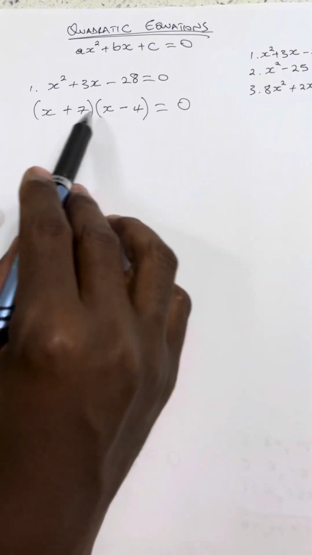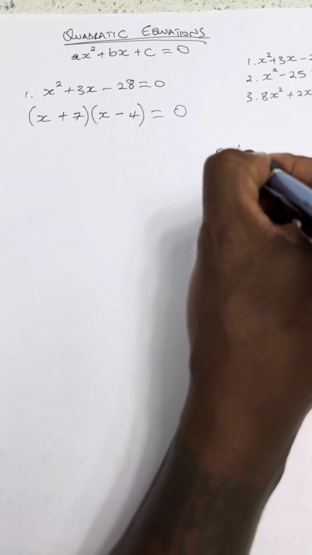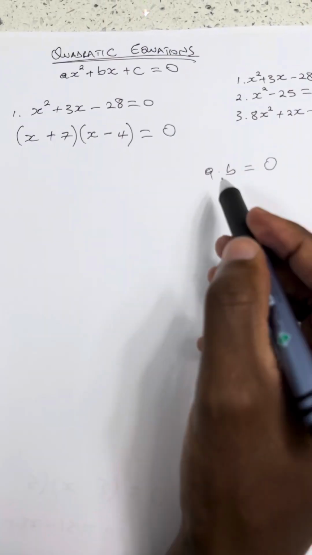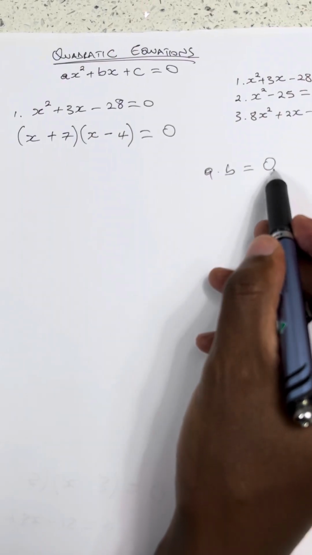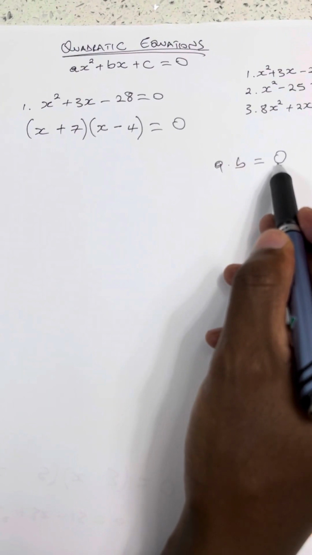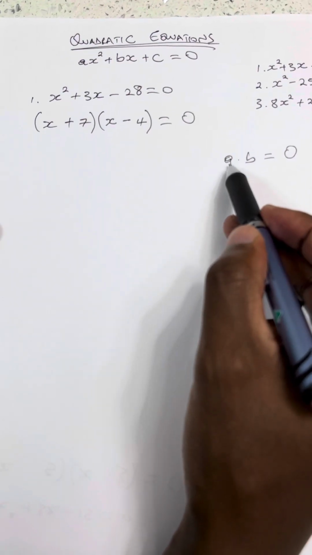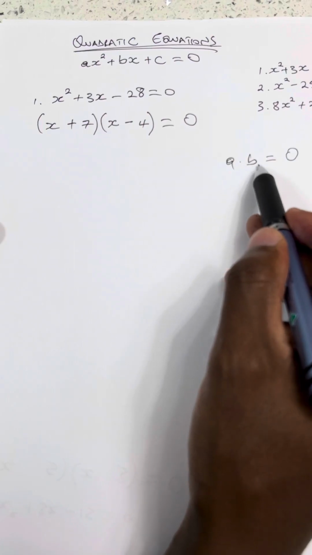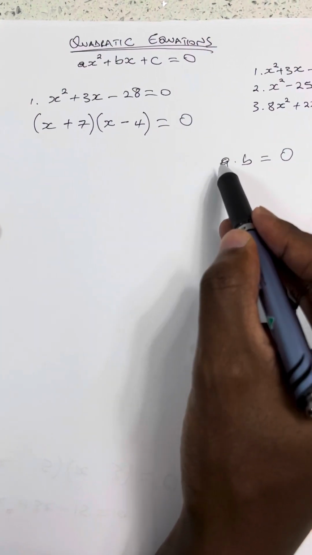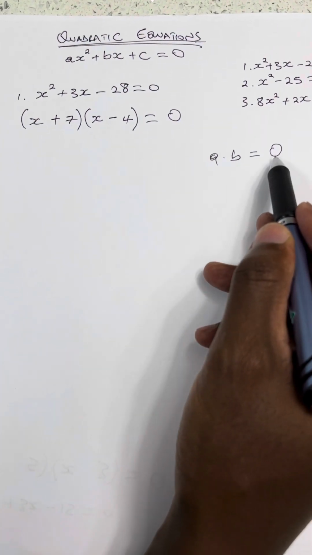This means one of these is 0, because remember, when you have a product of two numbers, if a multiplied by b is equal to 0, it means one of these, if not both, is 0. The only way we would get a 0 is if a is 0, since 0 multiplied by anything gives you 0, or b is 0, where even if a is a different number, if you multiply it by 0, you get 0.